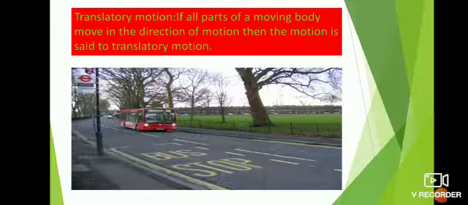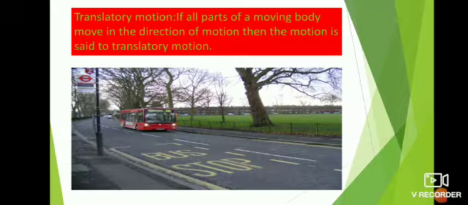Is the direction of motion of the bus along a straight line or a curved line? Now, if you see here, it is a straight road. The bus is in motion along a straight line. Now, we see the definition of translatory motion.